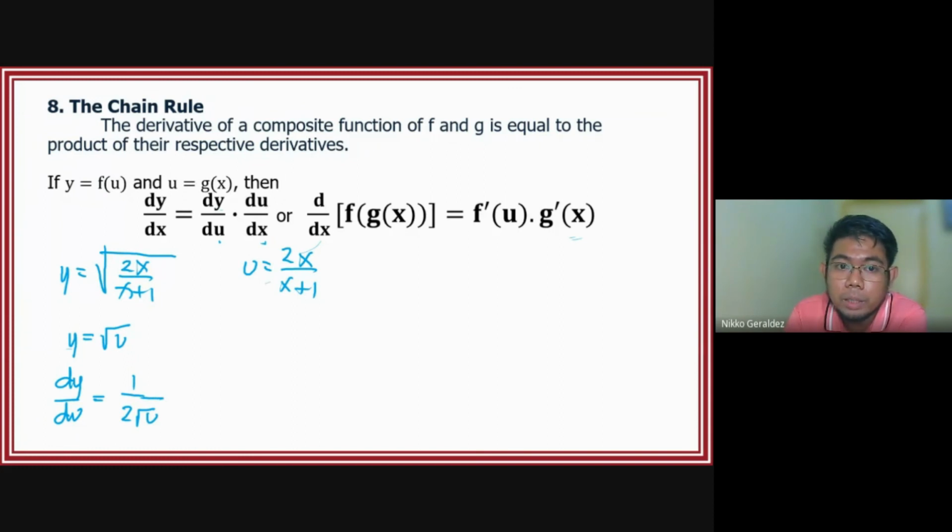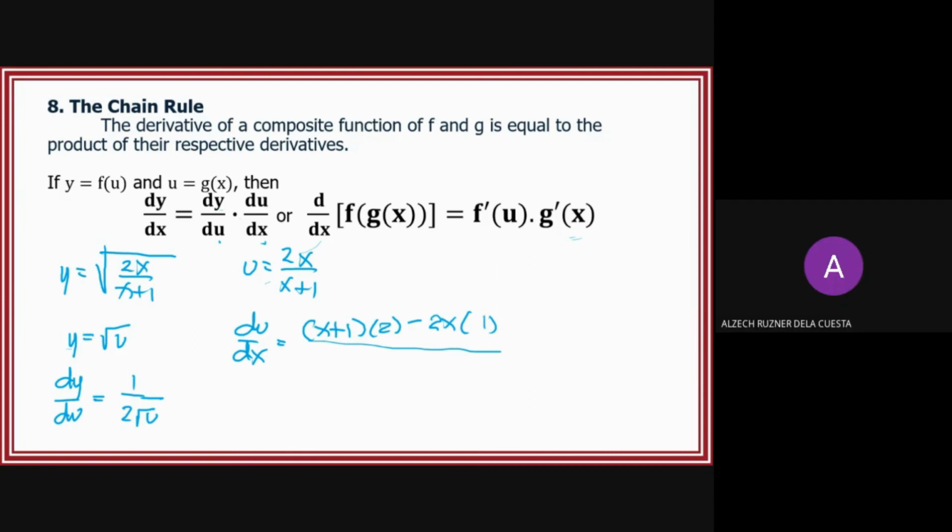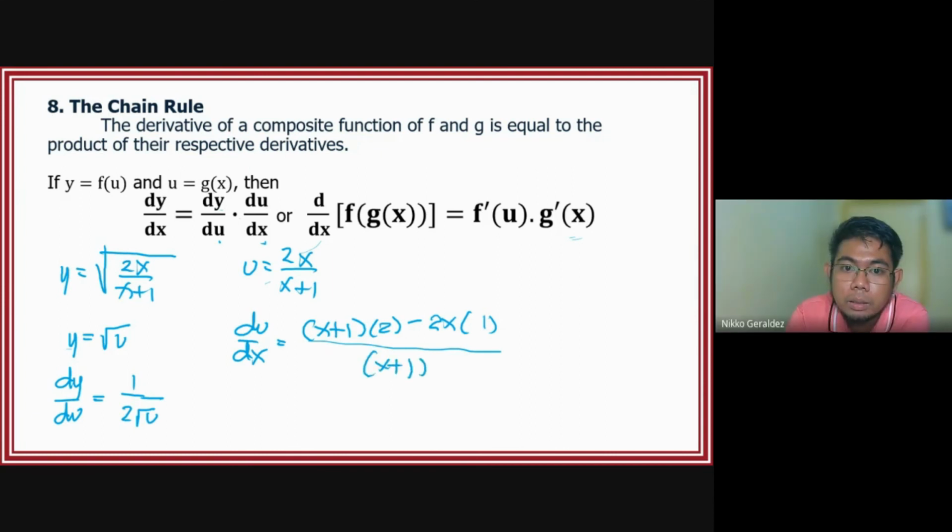Then kunin mo derivative of u with respect to x. So, du over dx equal to, quotient rule, derivative of 2x over x plus 1. Di ba? X plus 1 times derivative of numerator, so times 2, minus numerator times derivative of denominator, over x plus 1 quantity squared.